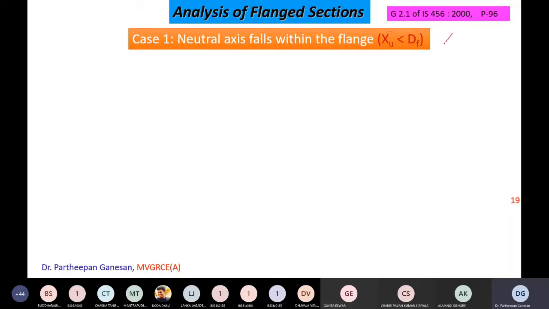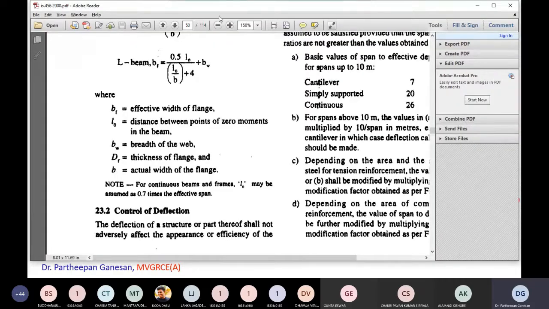If XU is less than DF, the flange thickness, how do we calculate the neutral axis depth or the moment of resistance of this T beam? That is given in clause G2.1 of IS 456-2000, on page number 96. I am going to go there.